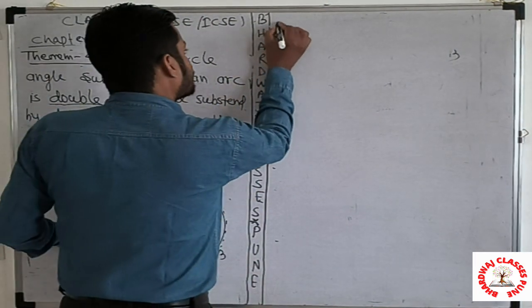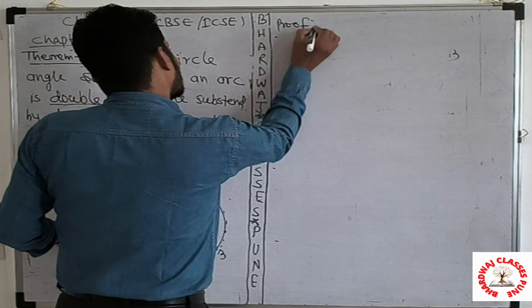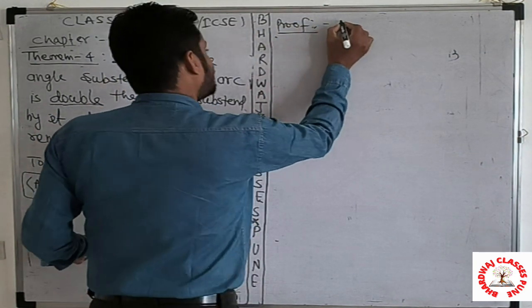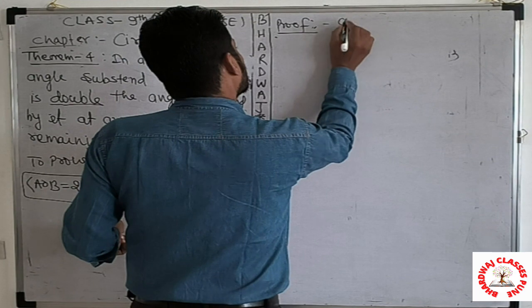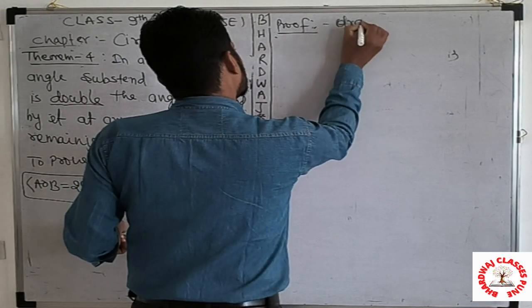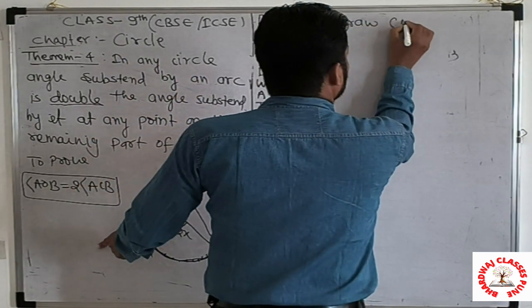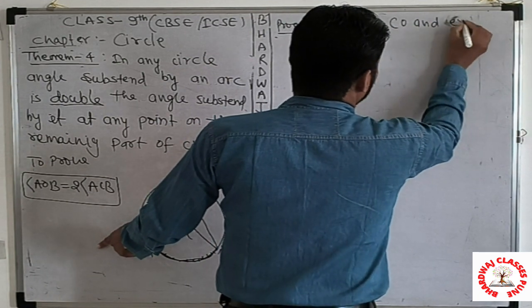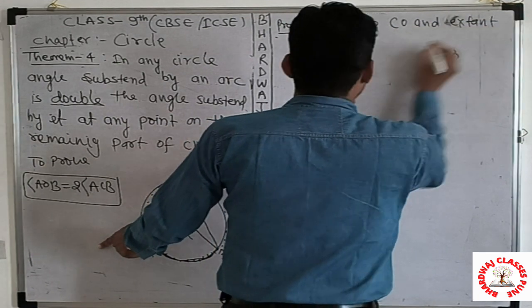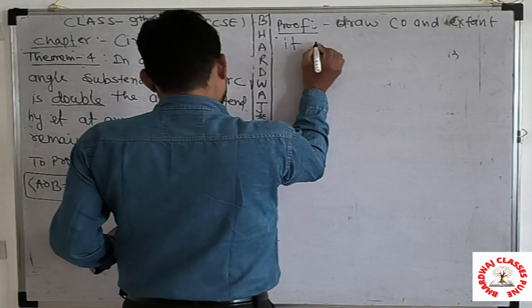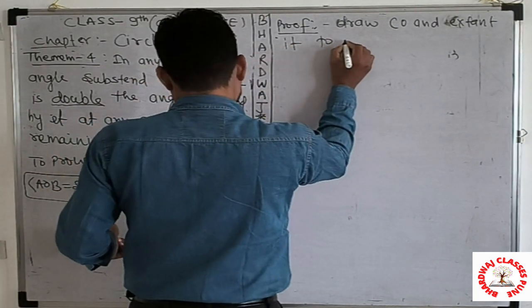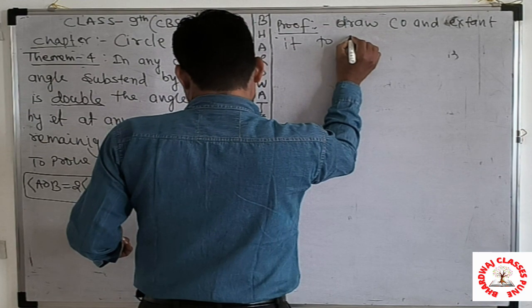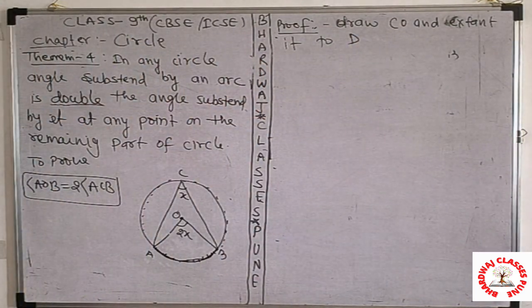So for the proof, here is the construction again. What is the construction? Draw CO and extend it to D. Like this.